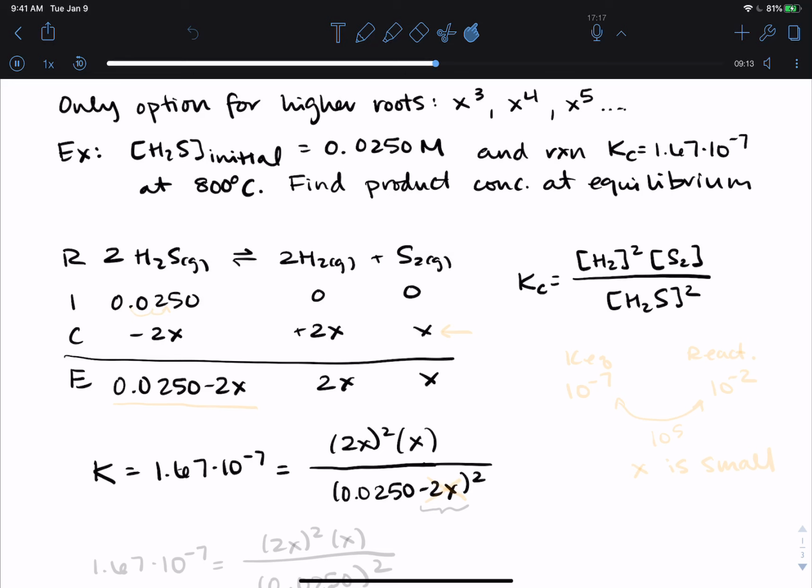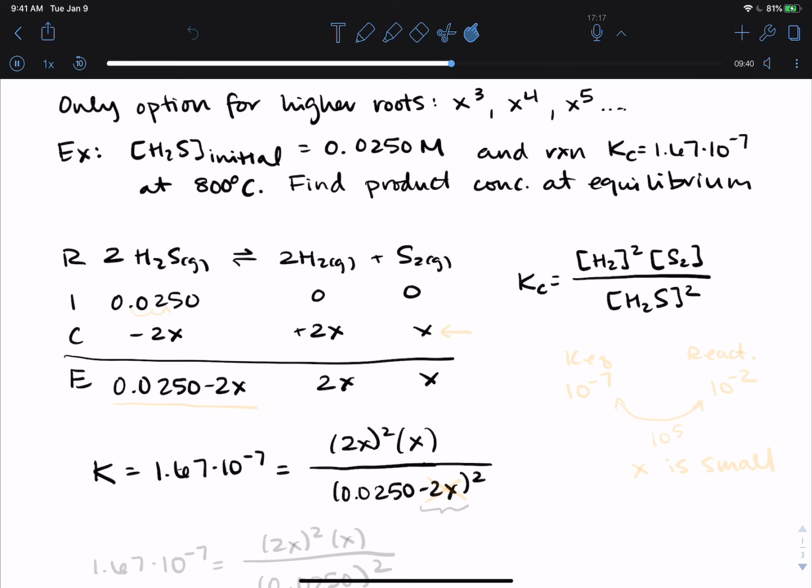If I multiply all of this out, I absolutely have a cubic equation. I'm going to have 4x cubed on top, and then I have to expand the bottom, so I'll have x squareds and x's. So I will have a full cubic equation that I don't have the ability to solve at this point.